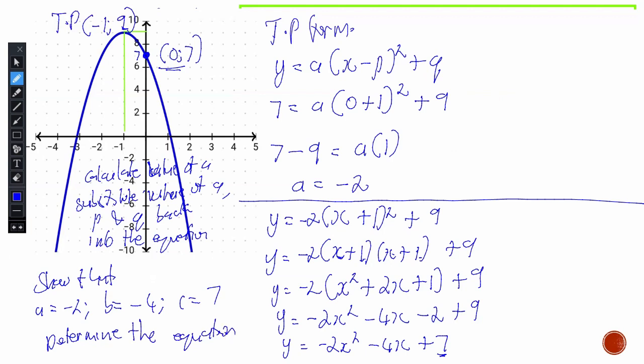If they just say show that a is -2, b is what, whatever value they will be asking you to calculate. So basically, after finding the equation, you will be able to see that based on the standard form equation here, your a needs to be -2, your b needs to be -4, and your c needs to be 7.